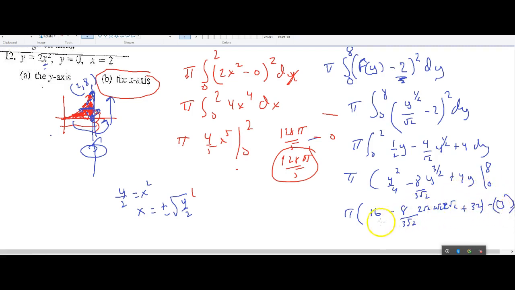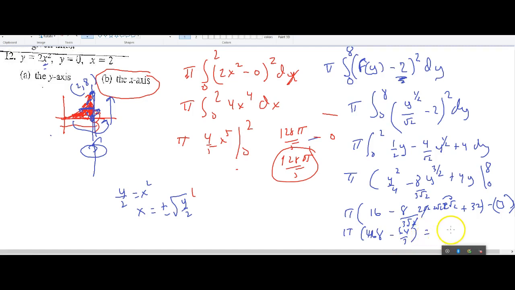And so then pi times 16, let's go ahead and add those two up, 48 minus, one of these cancels out with the bottom, and these two make another 2, so that gets me 2, 4, 6, 8, 64/3.